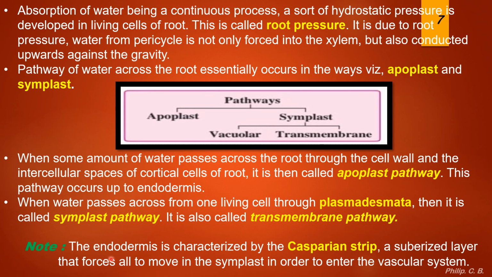Further, note the endodermis is characterized by the Casparian strip, which we have seen in the previous slide in the image, a suberized layer that forces all water to move in symplast in order to enter the vascular system.